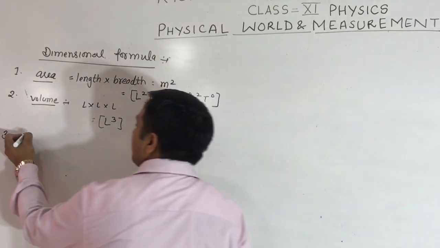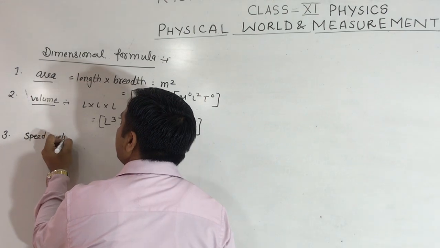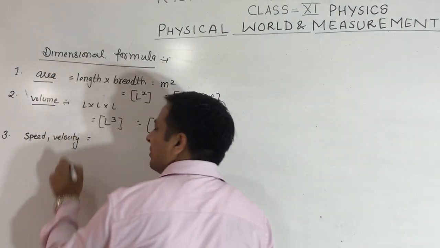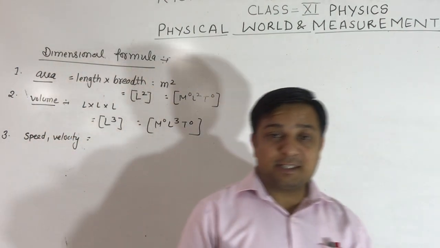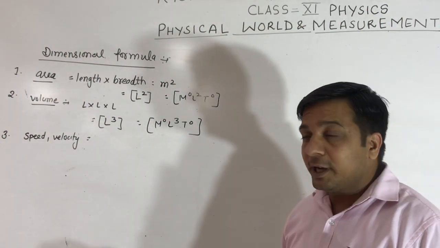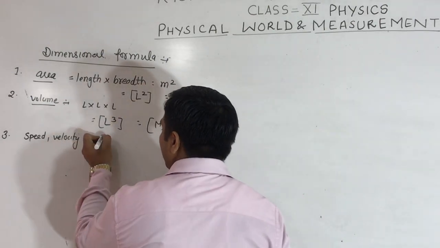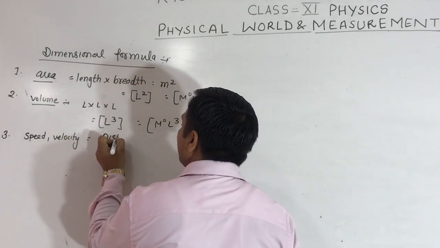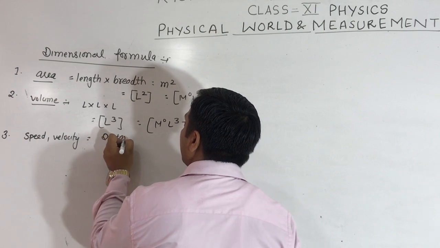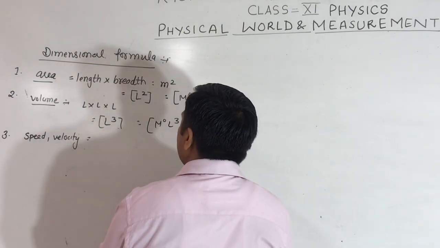Now, speed, and also velocity, because both have the same formula. Speed is distance upon time, a scalar quantity; velocity is displacement upon time, a vector quantity. You can say distance or displacement upon time.